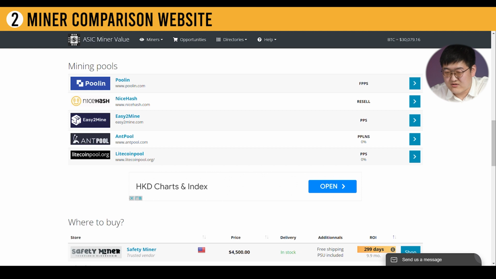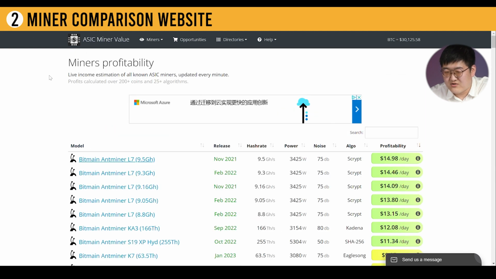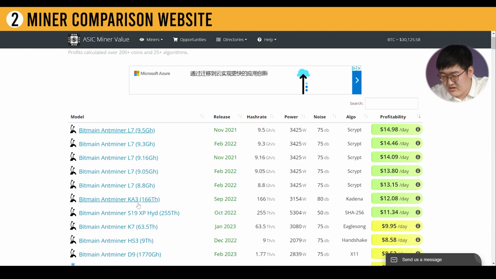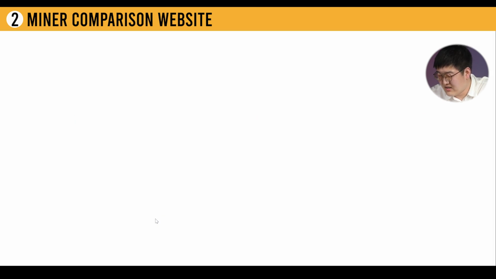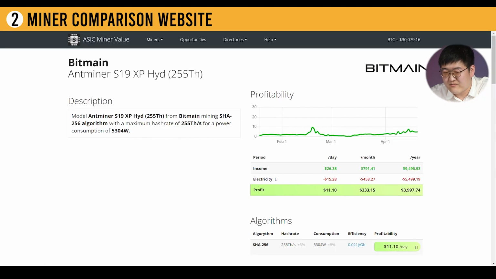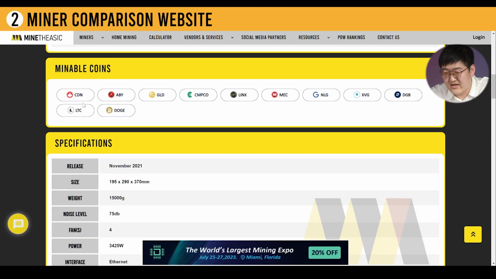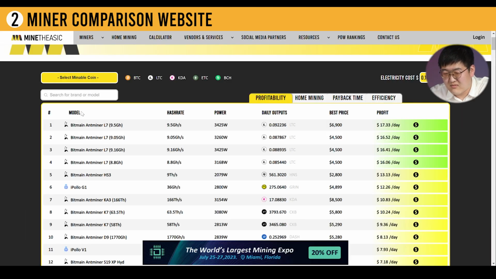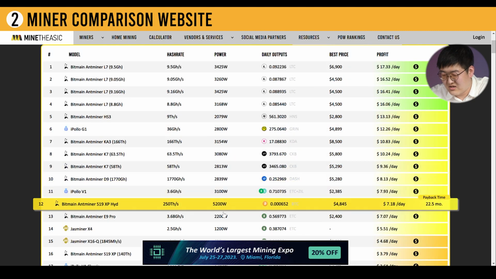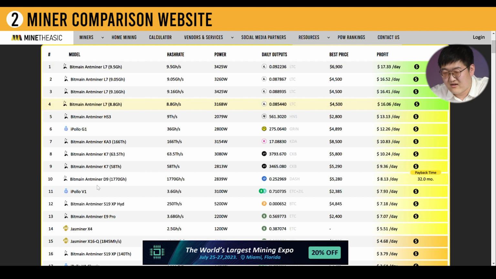And let's check back, here is a quite interesting feature. The Bitmain S19 is said to be earning $11.1 per day, and here in MyZ ASIC it says it's earning $7 per day.